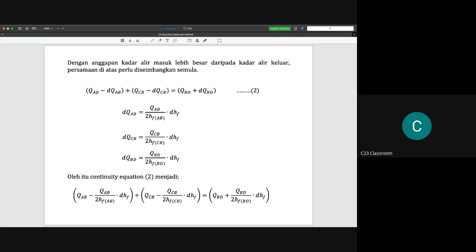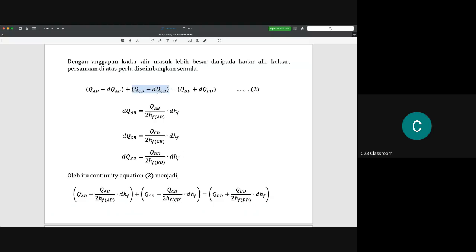So it means that you need to deduct with delta QAB, and at this portion, you need to deduct with delta QCB. So the amount that you take from the input here is different. Then both values, delta QAB and delta QCB, will be added to the output.